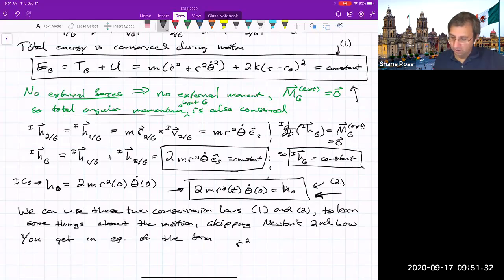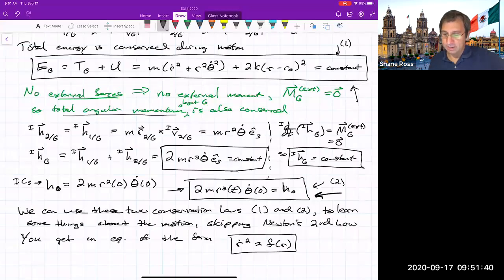r dot squared equals some function of r and parameters. How is that? I actually wrote this wrong. This is theta dot at some given time. You'll use equation 2 to rewrite theta dot over here in terms of r and initial conditions.